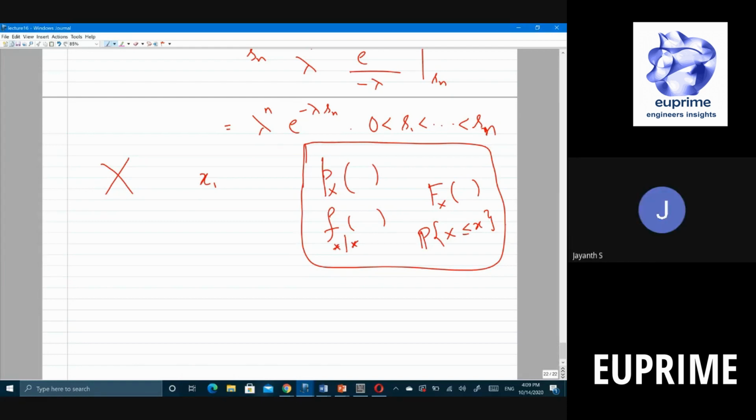Sir, if you can give any examples related to communication from now on, that would be nice. Yes, for example, the number of packets arriving at a queue or a router, that is Poisson. I cannot say much more than that, or it will become a computer networks course. Don't just stick to communications.